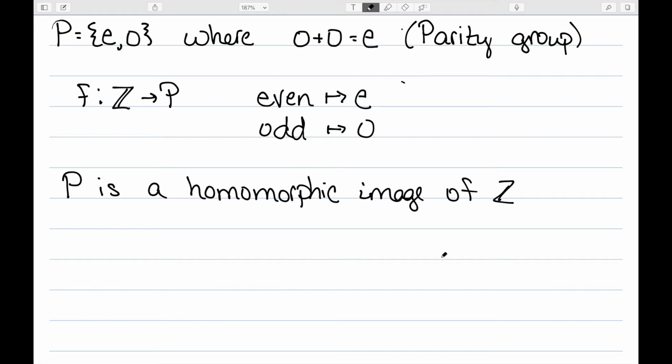But in this case, we still have the parity of integers. We can still determine if an integer is even or odd. So as I pass from my integers to this parity group, I'm deliberately losing every aspect of the integers except their parity. Their parity alone, with its arithmetic, is preserved. So a homomorphism is looking at preserving one particular property of my set.